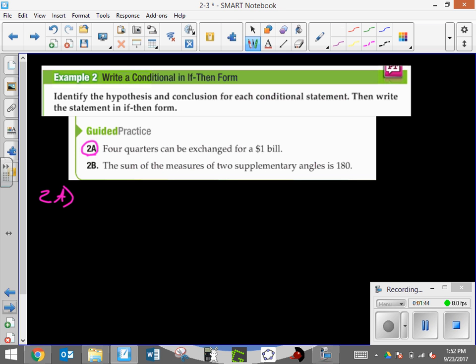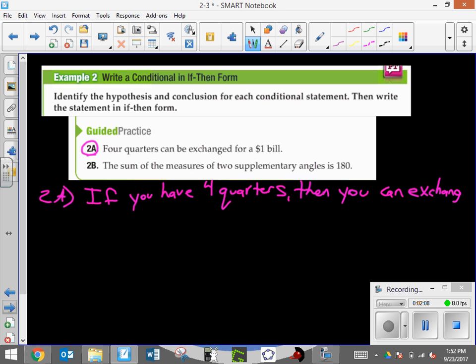I would say that we would be able to rewrite this something along the lines of, if you have 4 quarters, then you can exchange them for a $1 bill.